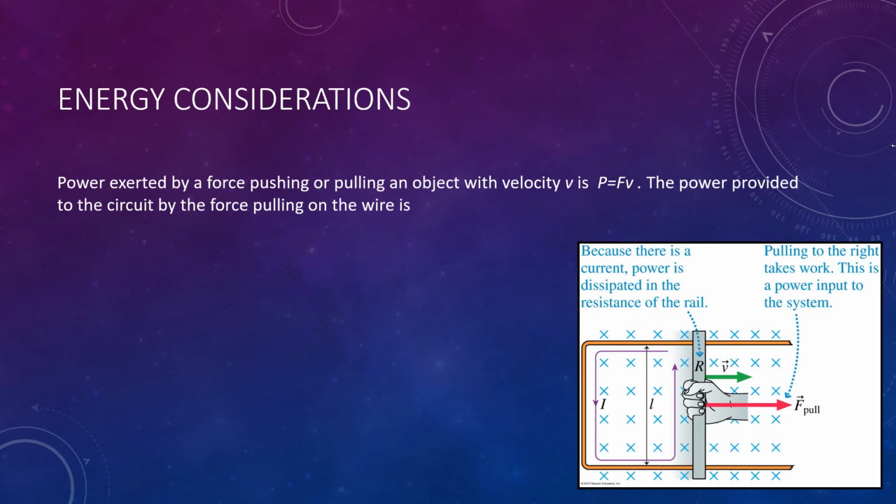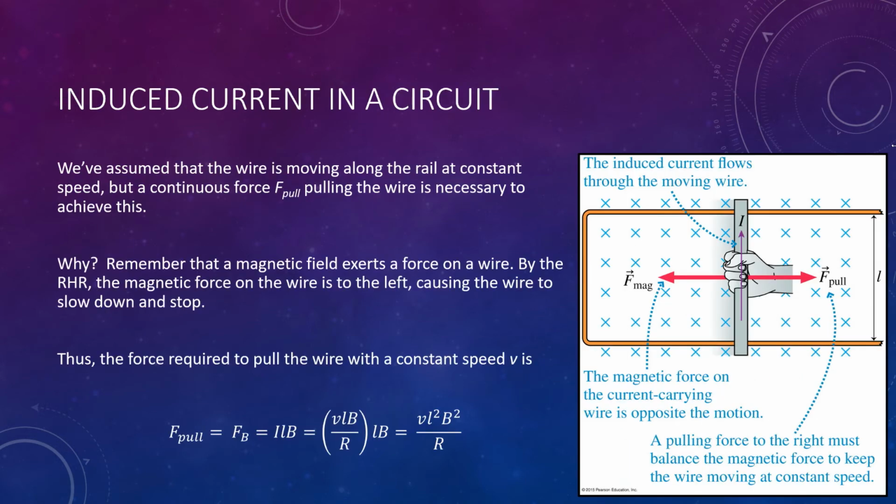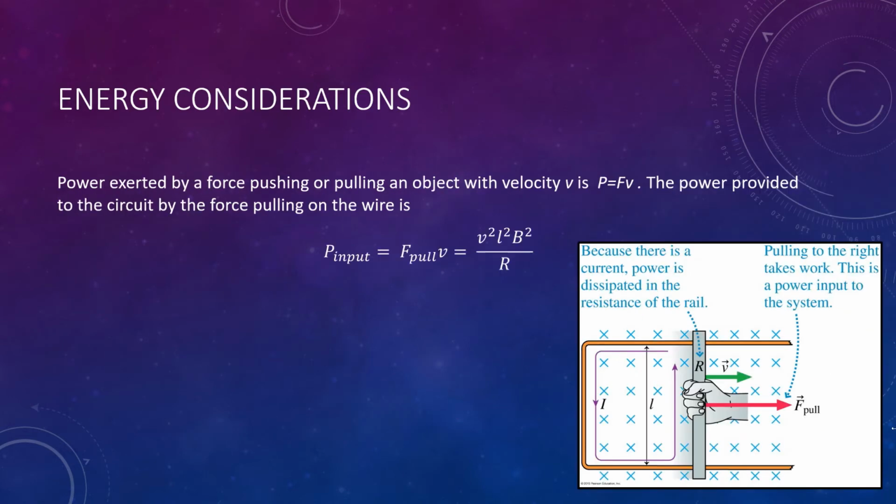So, if we take power equals force times velocity, all we're doing is taking our equation here from our last slide, force, and multiplying it by v. So, our input power is force times v, so we end up with v squared L squared B squared over R. So this is the power that is input into the system because you are doing work by pulling this wire to the side.